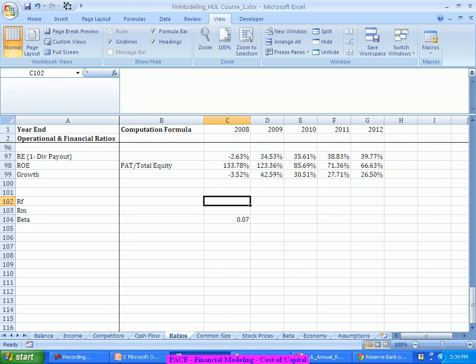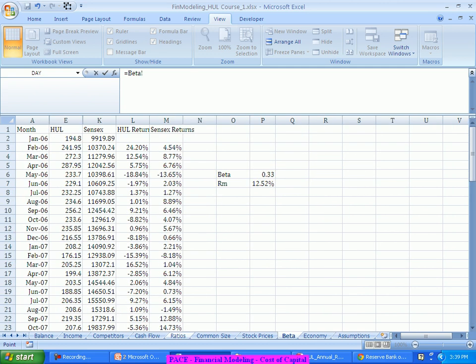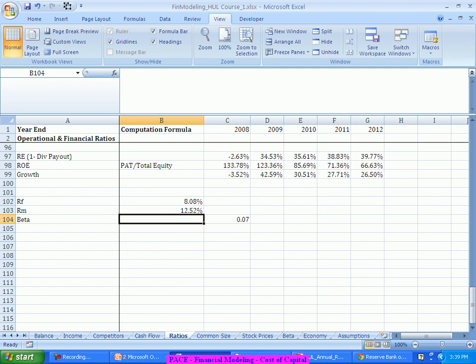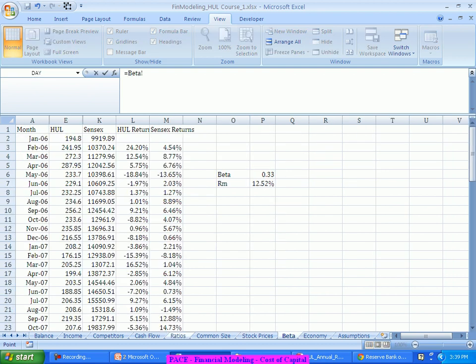So I will take my RF as 8.0835%. RM we have already got. RM we have got it as 12.52%. And beta we have also got, we'll take the uniform beta overall.